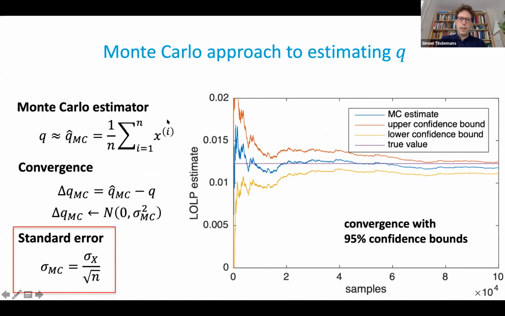So these x_i here are these values. And over time, there are strong results that this converges to the right answer, and the long-run error you get scales as a standard error with 1 over the square root of the number of samples. So this is a really nice, simple procedure, very robust, but sometimes this convergence can be very slow. And especially if your simulator is slow, that can be problematic.